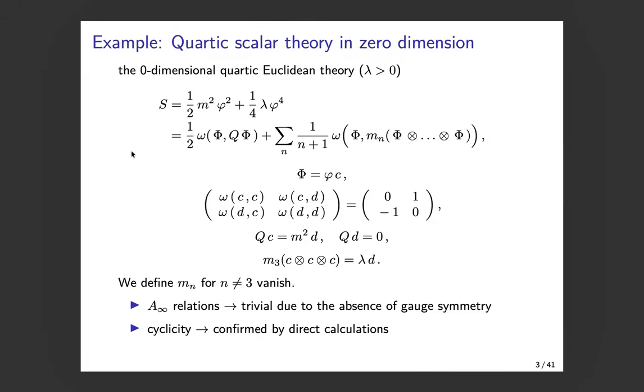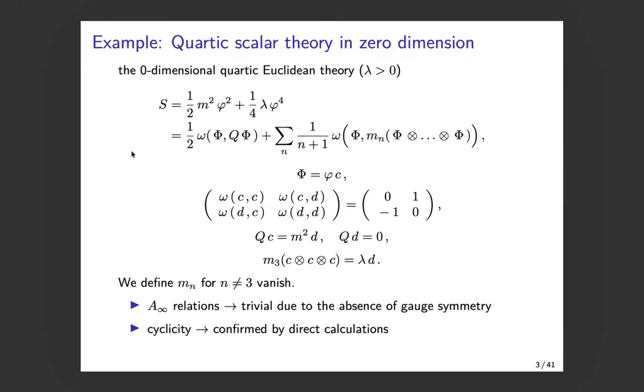For the L infinity relations, this is trivial due to the absence of gauge symmetry. So I don't present the L infinity relation explicitly, but we have to act with Q and M3, Q or M3, twice, but we only have the two spaces, H1 and H2, so we cannot act twice non-trivially.